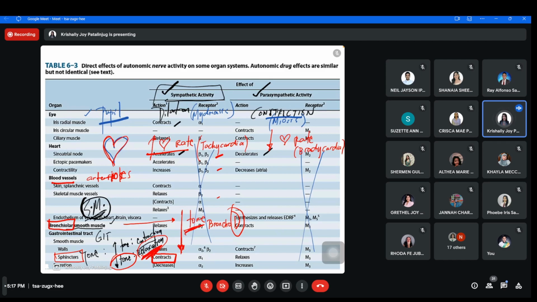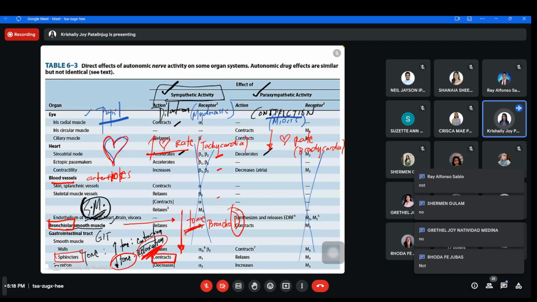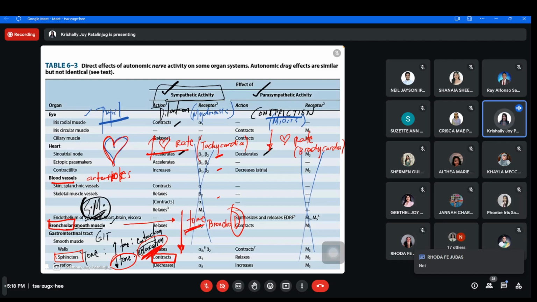So the muscle tone of the stomach is reduced, the muscle tone of the intestine is reduced. My question here is, will the contents from the stomach and intestine move or not? If it is relaxed, not, because there is no pressure. The pressure in the GIT is low. Therefore, what would be the appropriate activity under sympathetic?